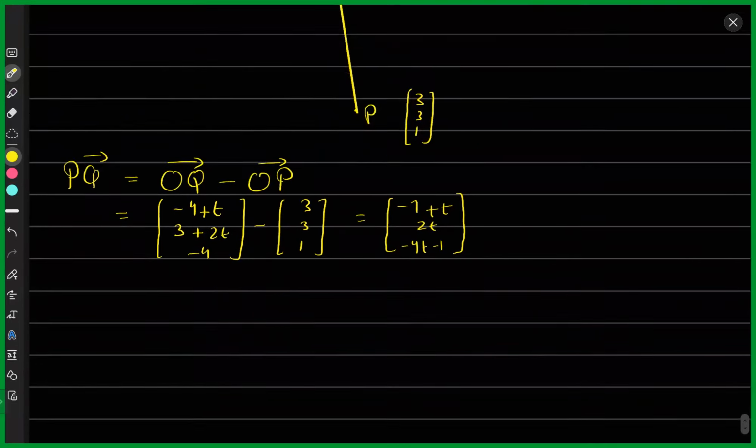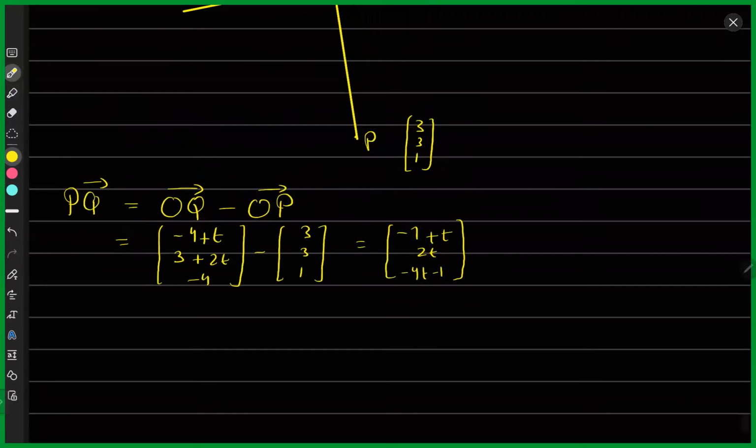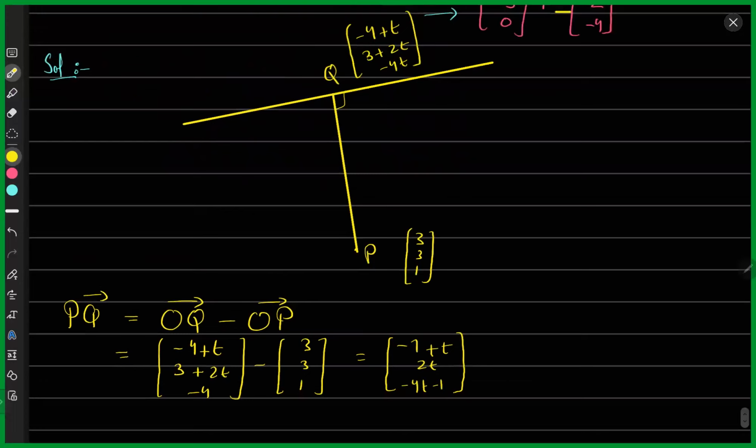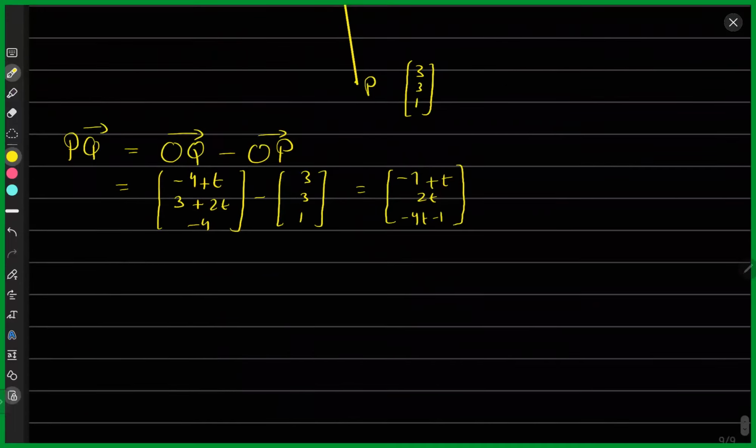Next, I know that since PQ is perpendicular to the line L, their dot product is going to be 0. So the direction vector of L is 1, 2, and minus 4.